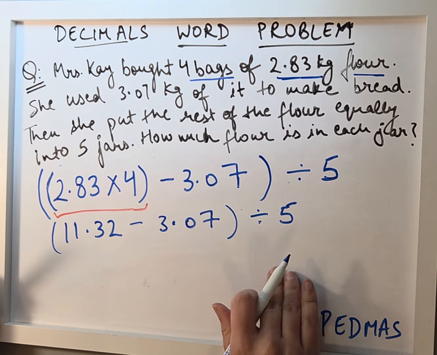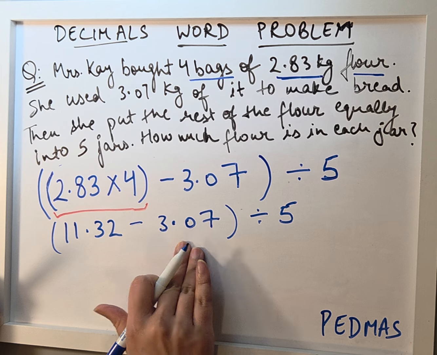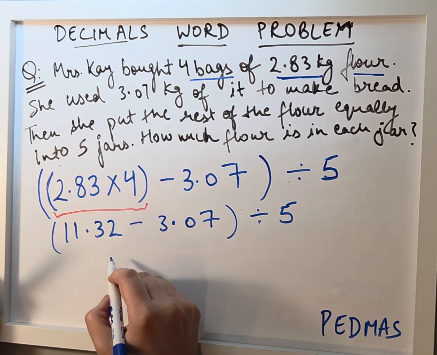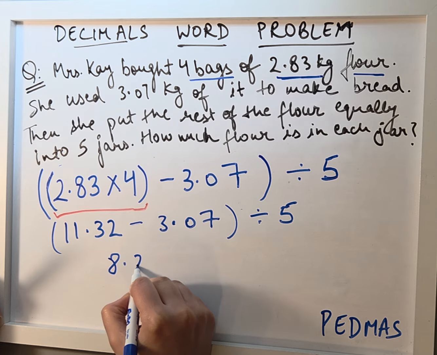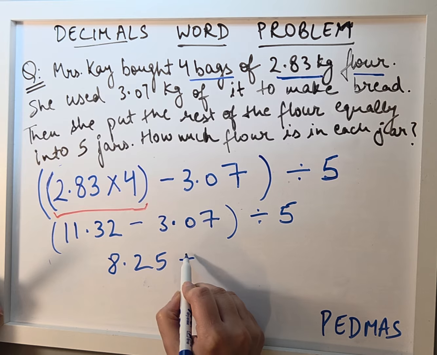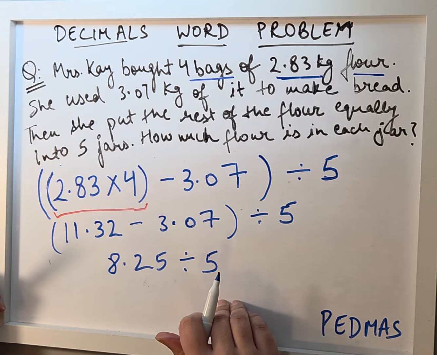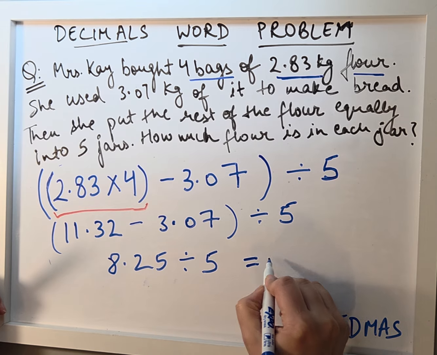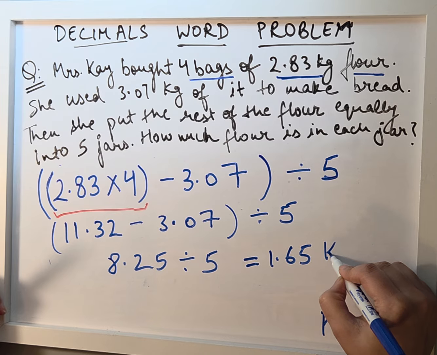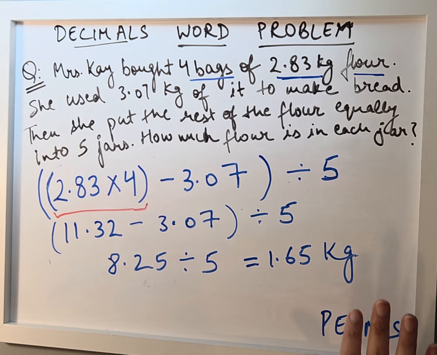Okay, now again we have the parenthesis, so we solve the parenthesis first. We do 11.32 minus 3.07. What do we get? 8.25. Okay, so this is what we used, so we write divided by 5 as is. So now if we divide 8.25 by 5, we get 1.65. So in each jar, she's put 1.65 kgs of flour.